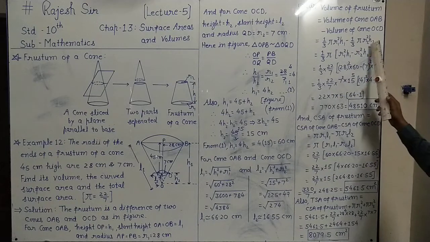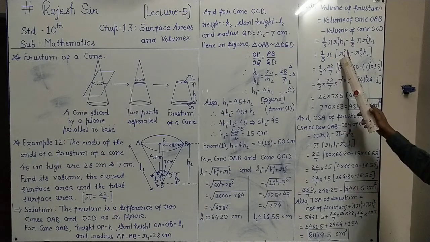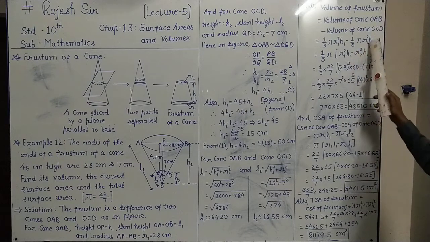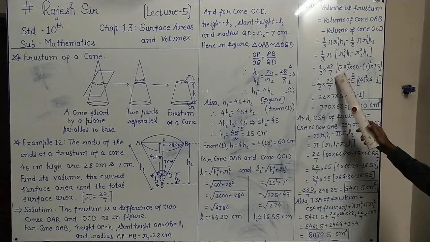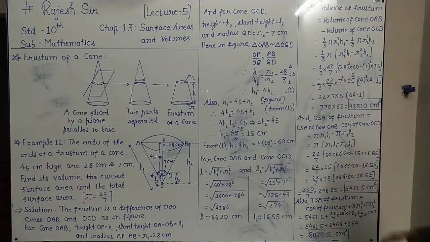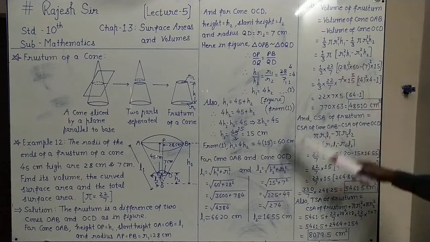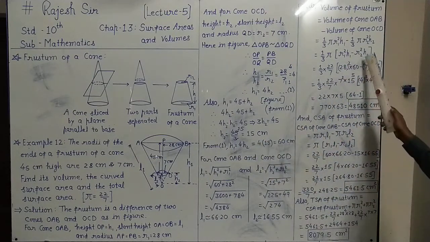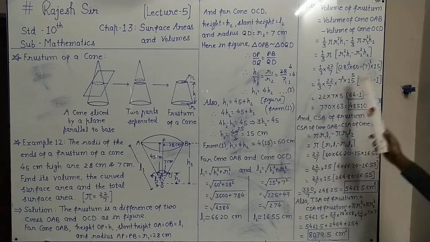In both terms 1 upon 3 pi is common, so taking it common, what remains in the bracket is r1 square h1 minus r2 square h2. Placing the values, 1 upon 3 pi is 22 upon 7. In the bracket, r1 is 28, squared, into h1 which is 60, minus r2 which is 7, squared, into h2 which is 15.